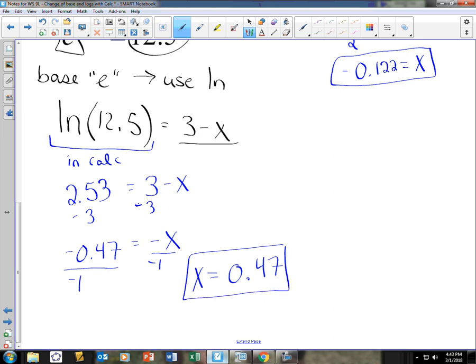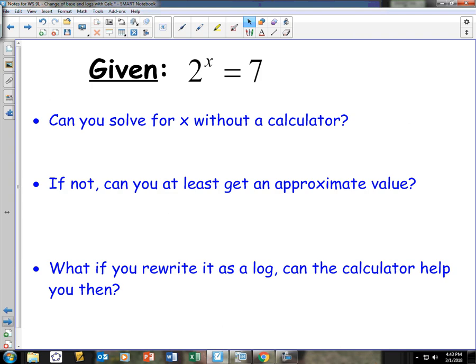Okay. Now, suppose we are given this problem, and we kind of saw one like this in the warm-up. Can we solve for x without a calculator? Well, I'm thinking, okay, 2 squared is 4. 2 to the third is 8. So I need 2 to the something to equal 7.